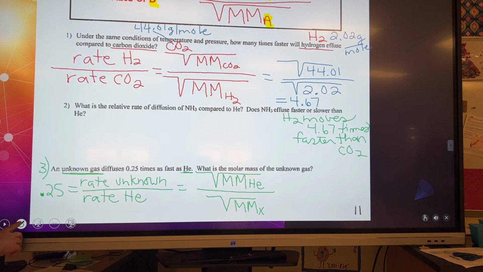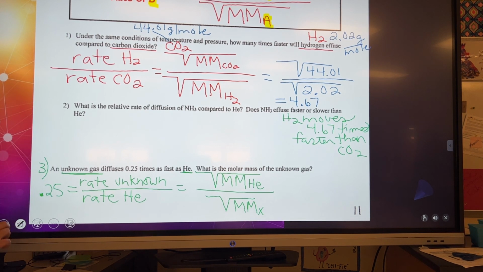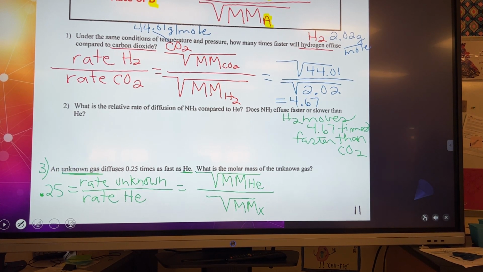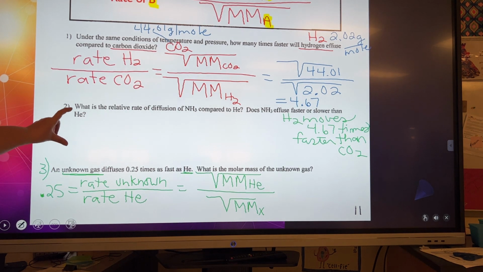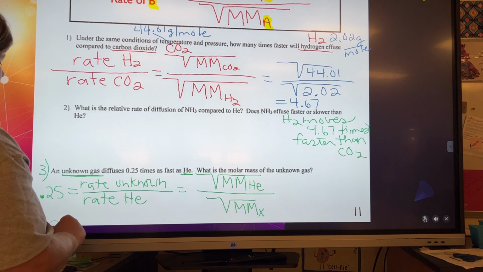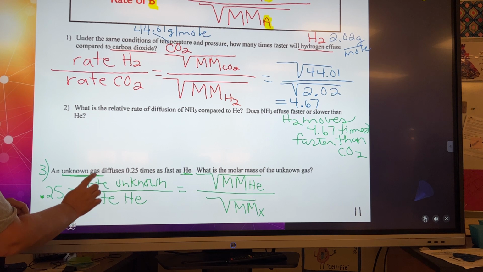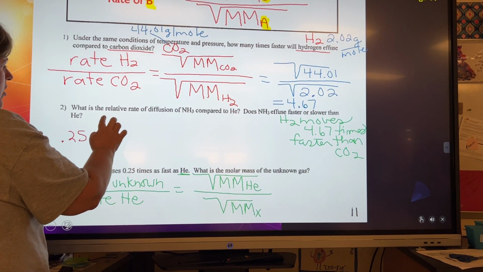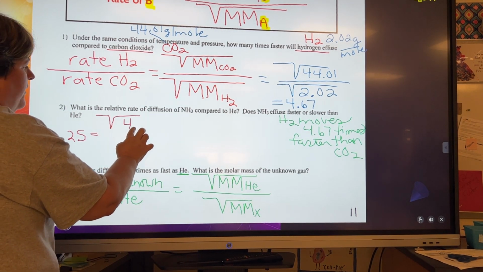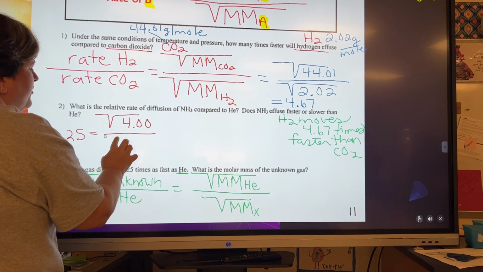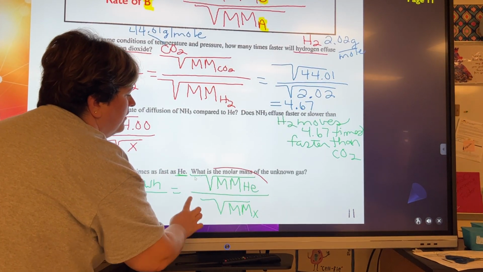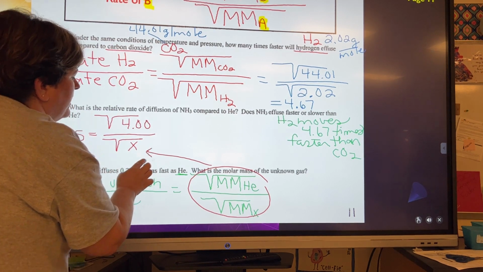Okay, so let's plug some numbers in here. I know I'm writing a lot out in a small space. Okay, so the molar mass of helium, I am going to end up going into space 2 a little bit here, ladies and gentlemen. Okay, I'm writing really big. So 0.25 is going to equal the square root of 4 over the square root of x. Okay, so I'm just going from here, and I'm going right up here because I ran out of room.